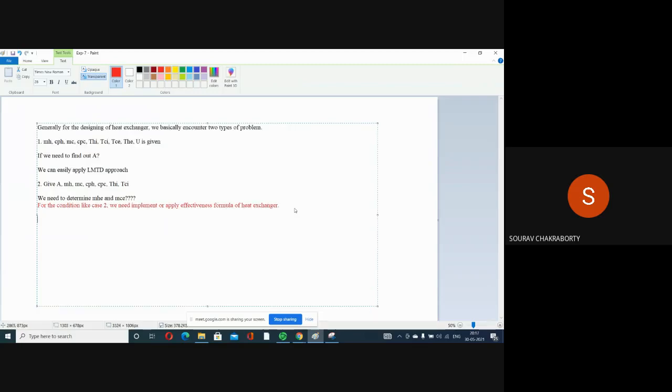effectiveness of heat exchanger can be written in 2 ways. First of all, we'll write down the first possible way.